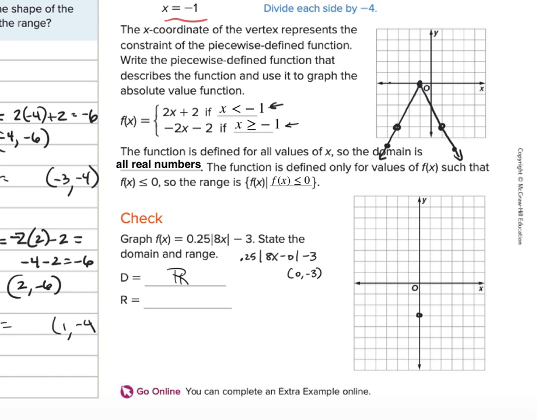I know that since this a is positive, the graph opens upward. So I actually know that my range is y is greater than or equal to -3, sorry. Now I need to go back and plot points to graph it properly, but I can answer those questions pretty easily just by some basic knowledge of values.